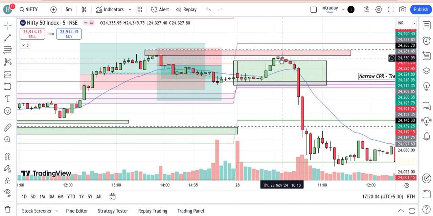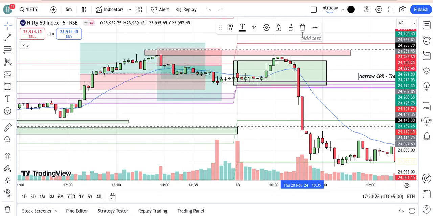From the supply zone you get a confirmation on this candle. This is your tenth candle. From this candle it is reversing, so this is called the supply zone reversal pattern, or you can say red candle reversal pattern. Now let me see, it's better we write supply zone reversal pattern.